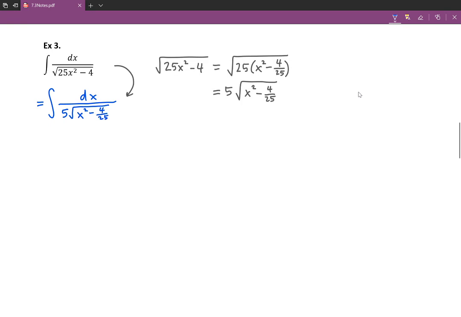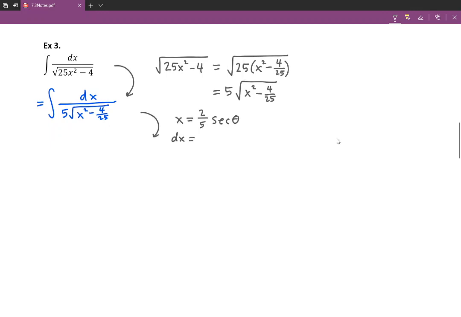And now we can go ahead with our trig substitution. So let's let x equal a, which would be the square root of that 4 over 25. That's 2 over 5. And we're going to use secant theta. That's the trig function that'll allow the radical to collapse using a trig identity, the Pythagorean identity.